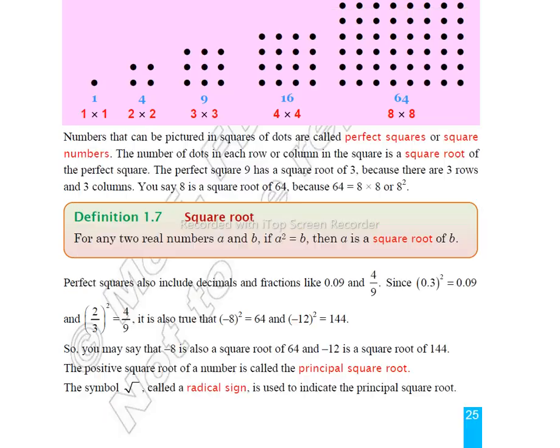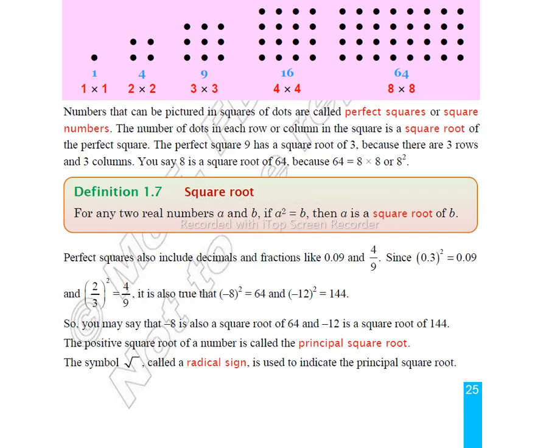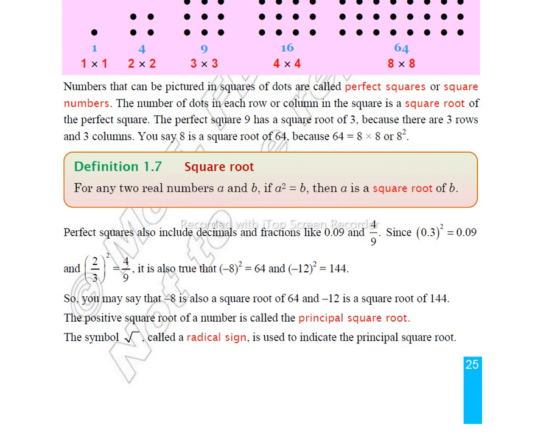And let us see another example. For any two real numbers a and b, if a squared is equal to b, then a is the square root of b. So this is the definition. Here are some examples. We see all of them.